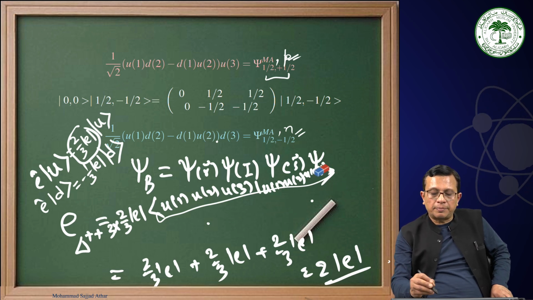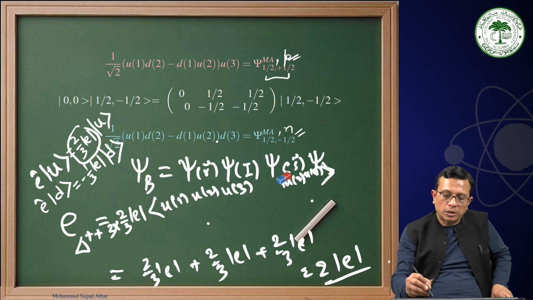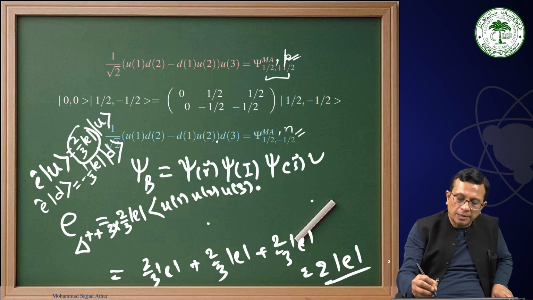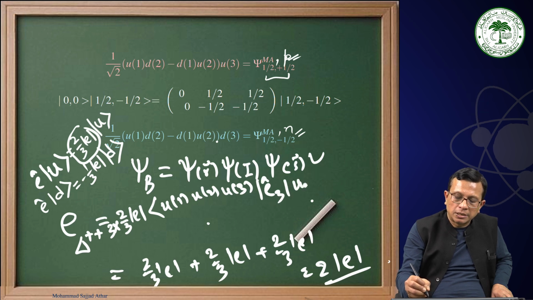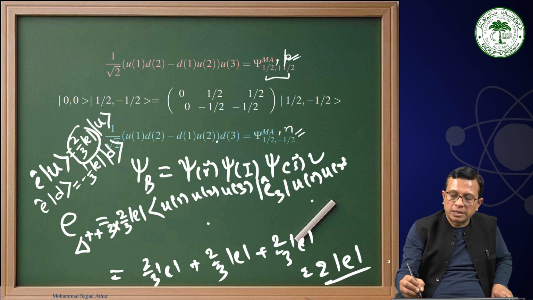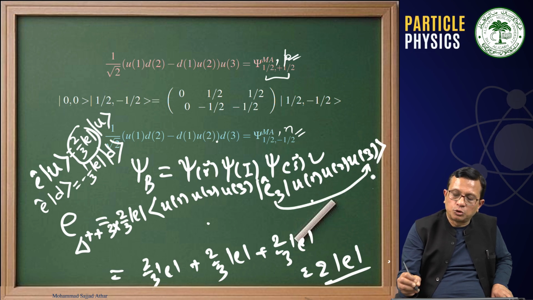That means I am taking the particle which was in state 3, that is E3, with u in state 1, u in state 2, u in state 3, and that will give me 2/3.